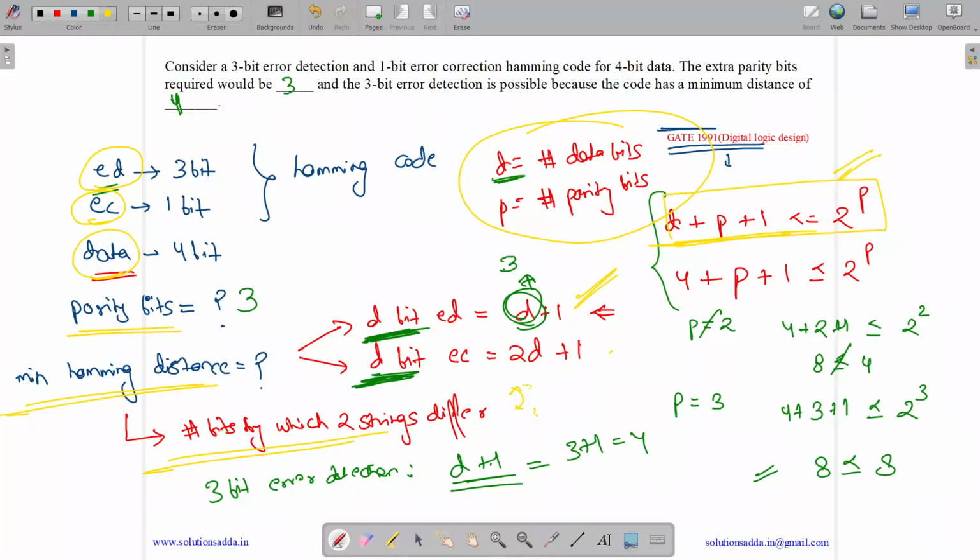Putting p equals 2, it does not satisfy. P equals 3, it satisfies. So the minimum parity bits are 3. Then we use the other formula: for 3-bit error detection, the minimum Hamming distance is 3 plus 1, which is 4. So the answer is 3 and 4.